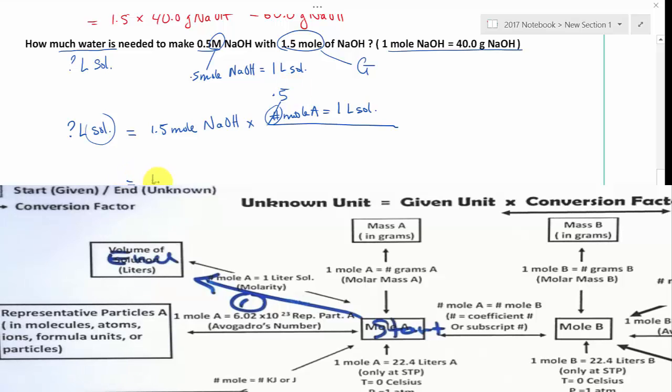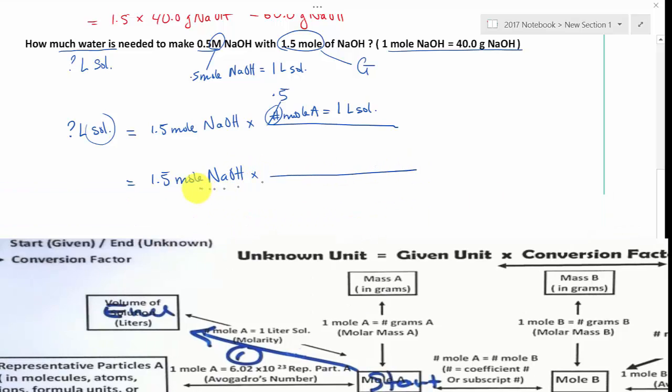Now let's rewrite this. 1.5 moles of NaOH times. If this is mole of NaOH, on the bottom part would be the mole of NaOH, which is A right there. So let me read that for you. Isn't that easy? So 0.5 mole of NaOH. On top would be 1 liter of solution. Notice how the moles of NaOH cancel out.